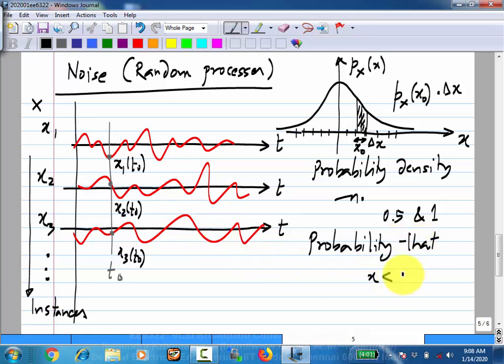This x is between half and 1. How do you find this now? You have to look at where 0.5 is and where 1 is, and look at the area under it. So that gives you the probability that this x takes on a value between half and 1.